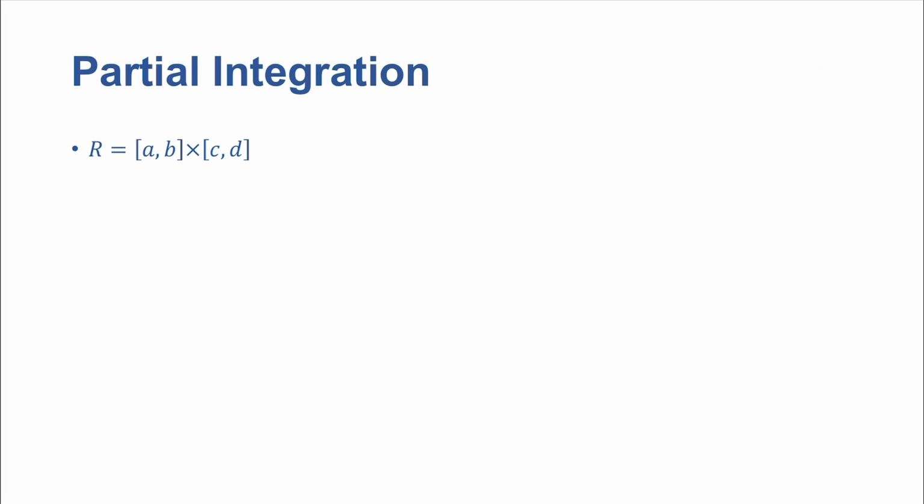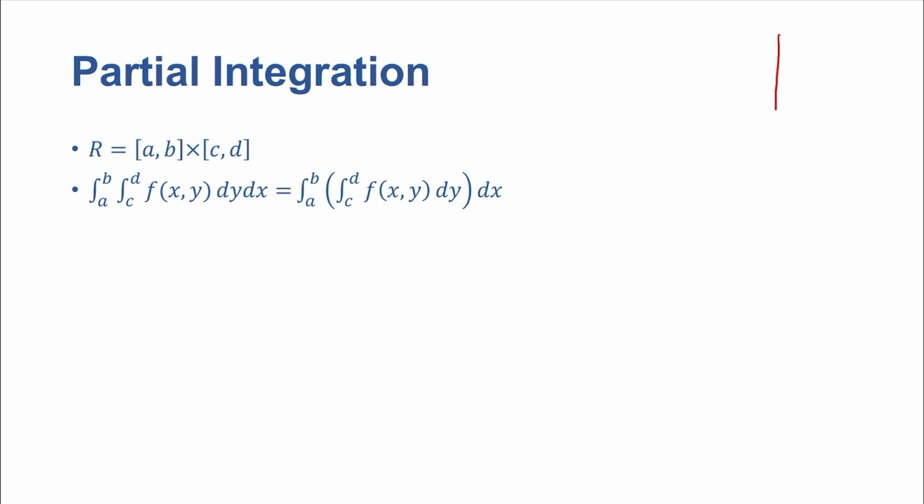So what do I mean by this? Let's say I have a region which is defined as the Cartesian product of [a, b] with [c, d]. Then I can take the integral, going once along the y interval, and once going along the x interval, and that sweeps out the area that I would like.